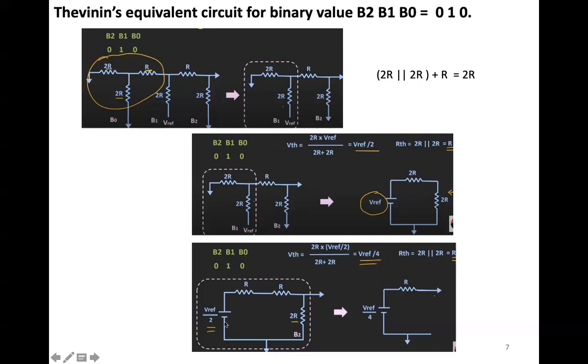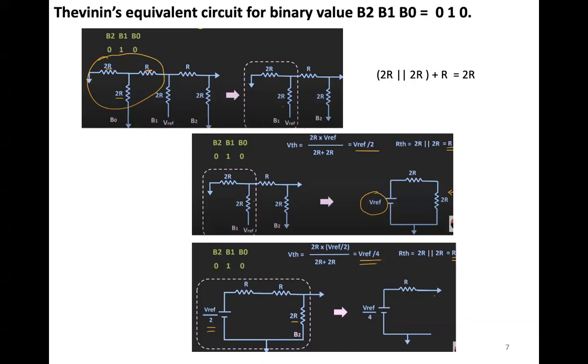So this is the next level, V reference by 2. Now again, if I change this R and R, that is 2R, so 2R and 2R gives me only R. So that is V reference by 4. So when it's V reference by 4, it means 5 divided by 4. So how much are we going to get? 5 divided by 4.